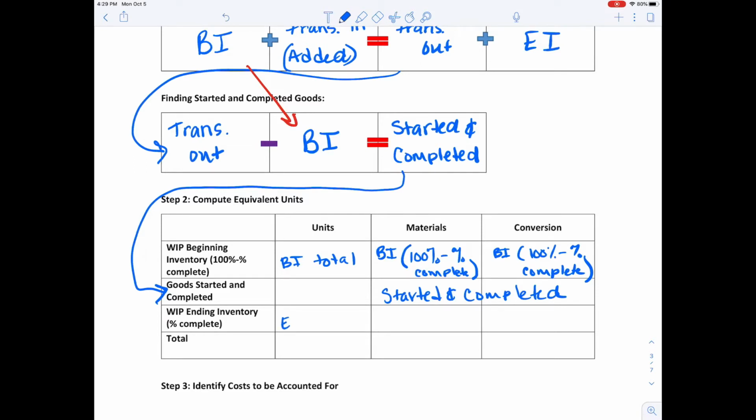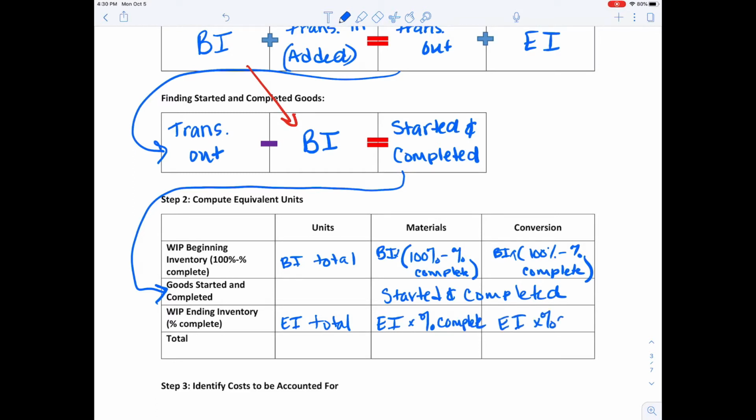Then my ending inventory work in process, I take that ending inventory total and then I'm going to times it by the percent complete, because that tells me how much I've done just this period.